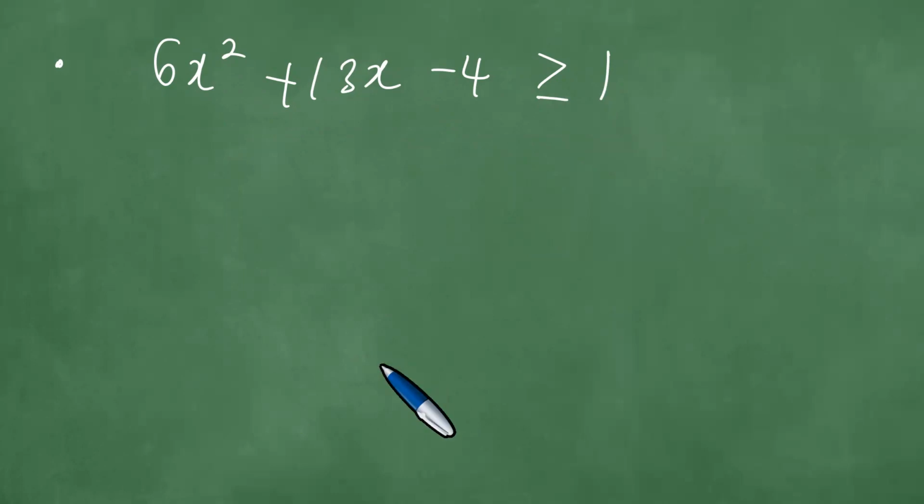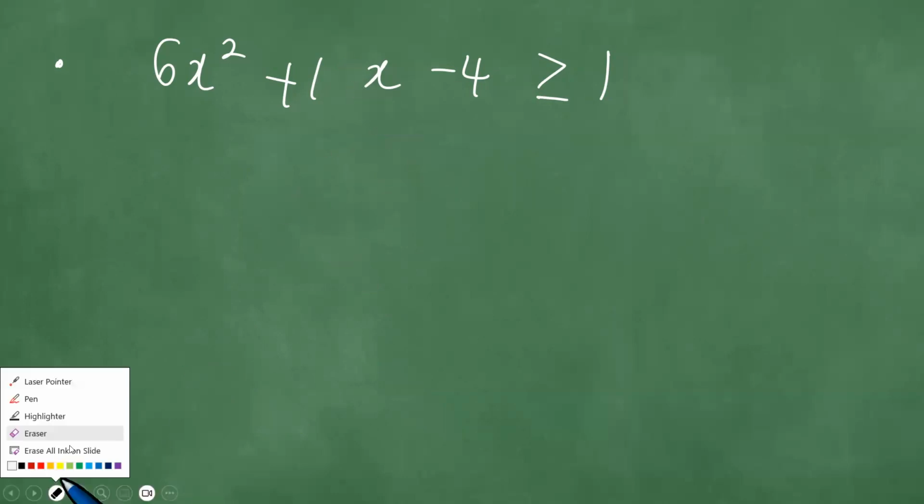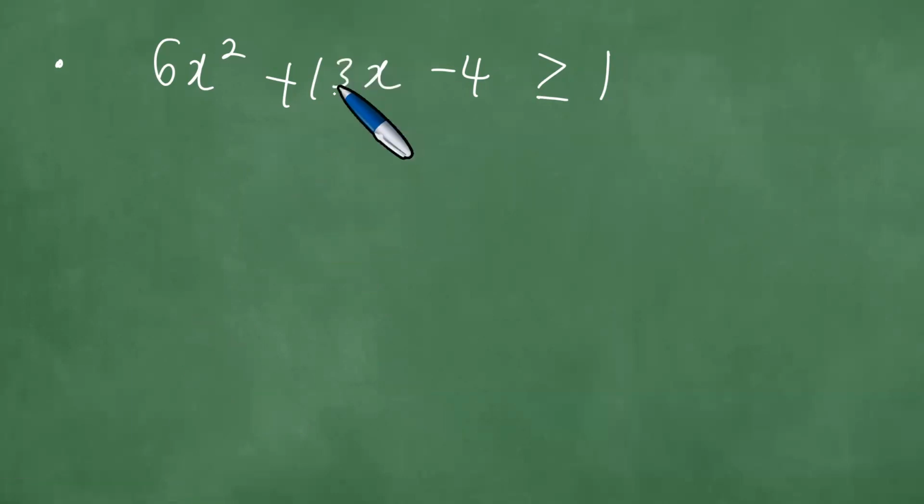Yolanda, what do you think? What is the first step? What do we do? I think you take 1 to the other side and then add it with the 4, the like term.